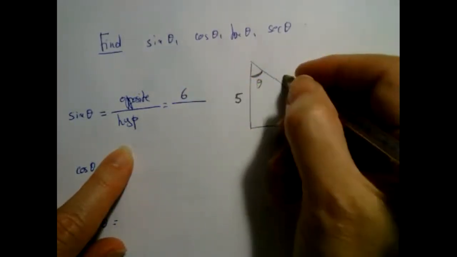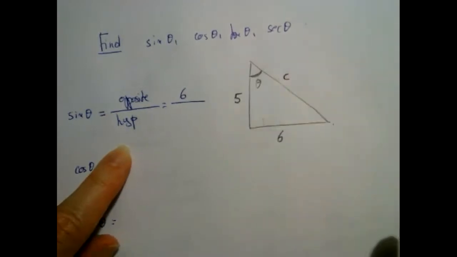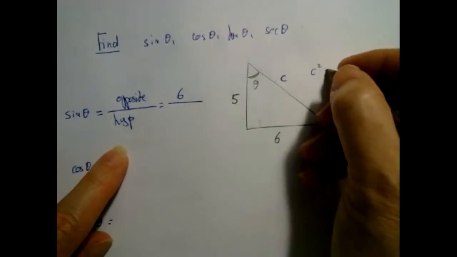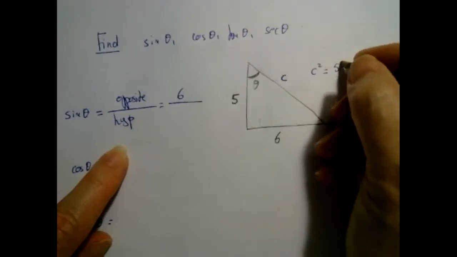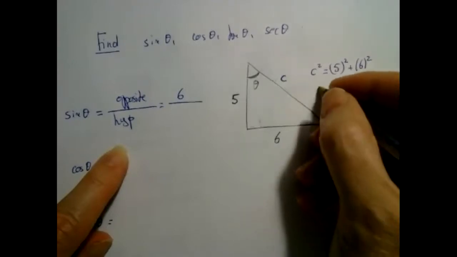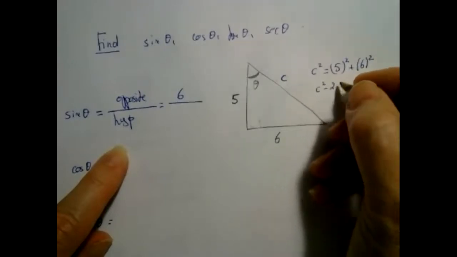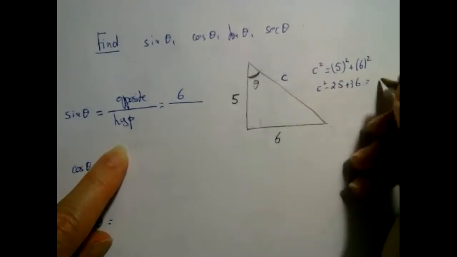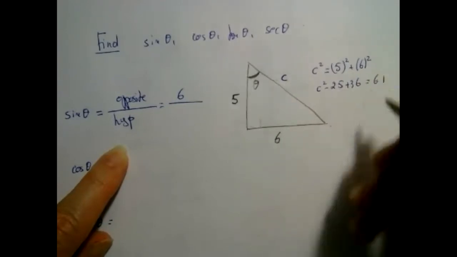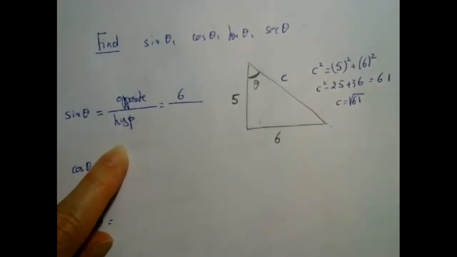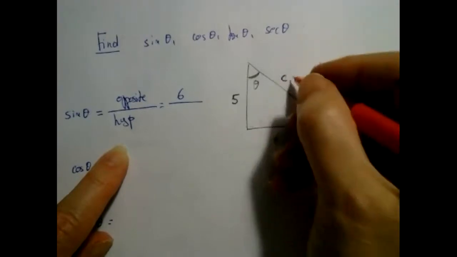I have to compute it. So I'm going to call this C, because that's the hypotenuse. Pythagorean tells me C squared is 5 squared plus 6 squared. It means C squared is 25 plus 36, and that gives me 61. So my C is the square root of 61. I cannot move any further.